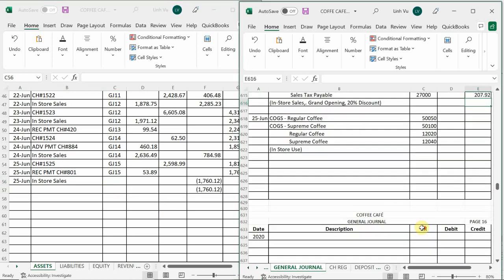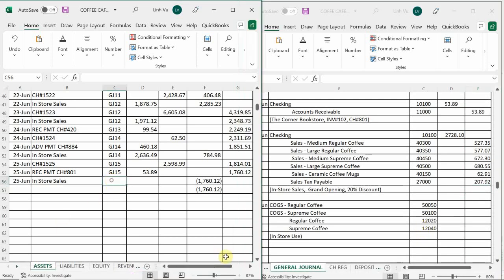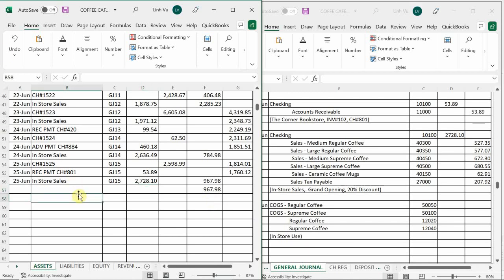Yep, we're still on page 15, for that $2,728.10. So that should automatically bring me back to the positive for $967.98. All right, back into the positives.